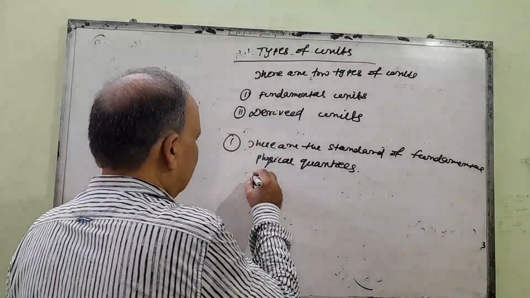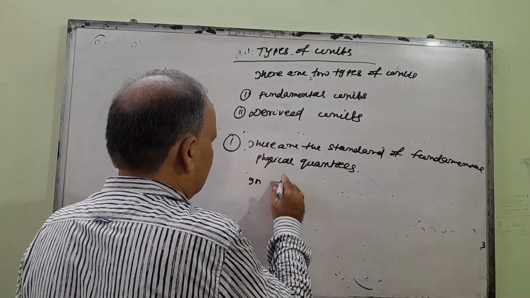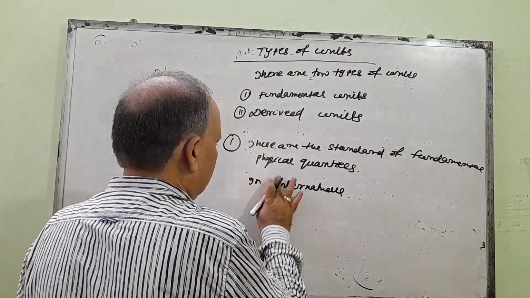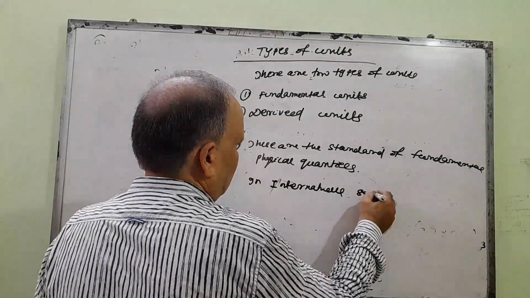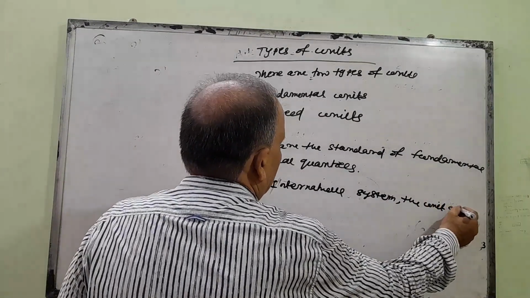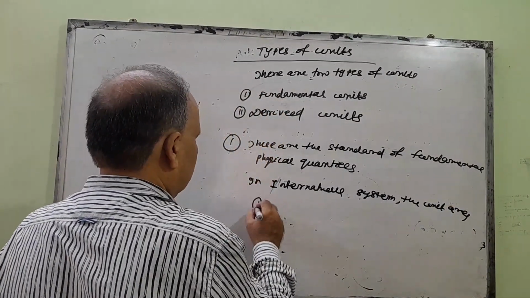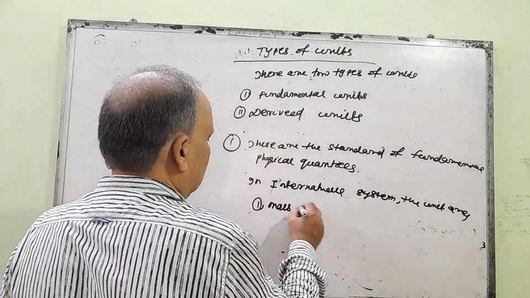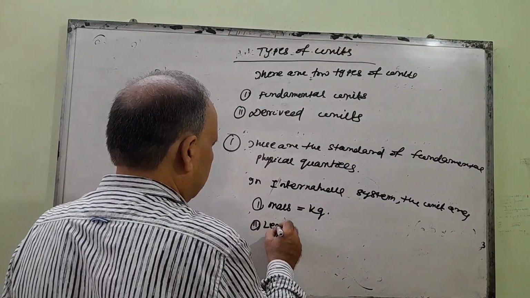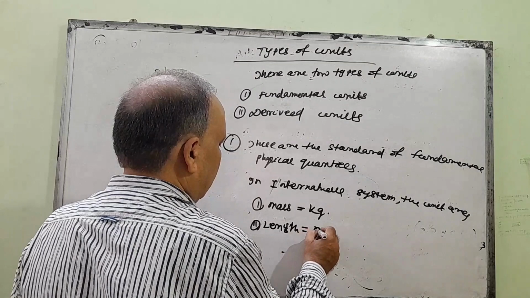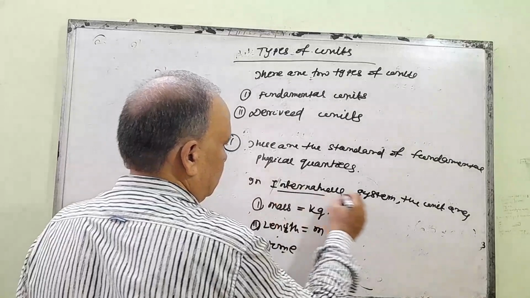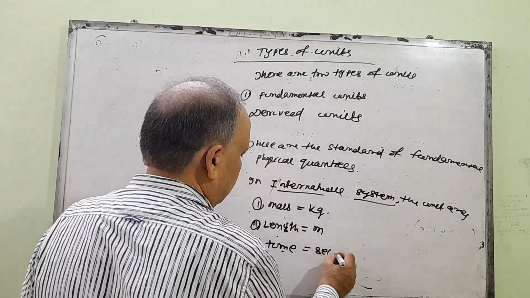You remember this? In the international system, these are the fundamental units. First, mass is your kg. Length is your meter. Time, in the international system, is your second.